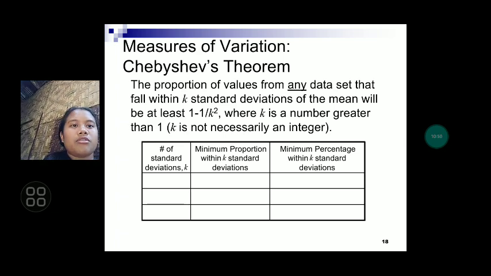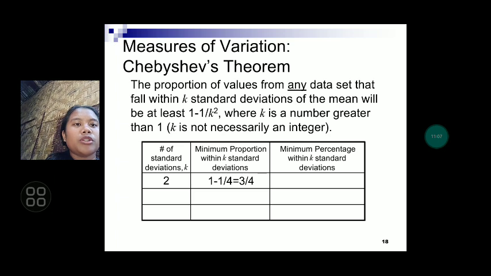For example, if k is 2, the minimum proportion is 1 minus 1 over 4, which equals 3 over 4. So the minimum percentage within 2 standard deviations is 75%.